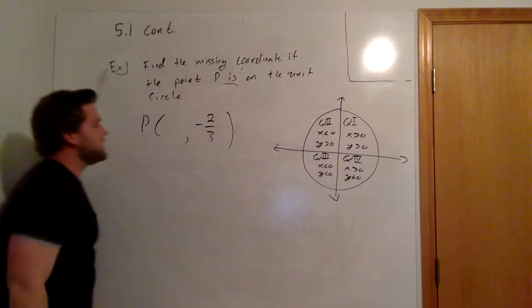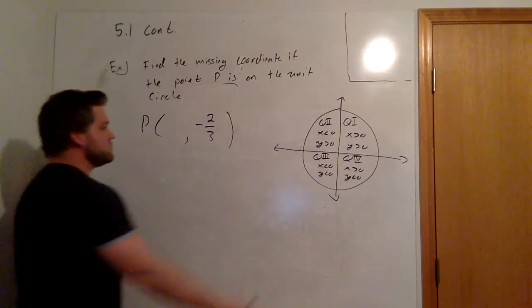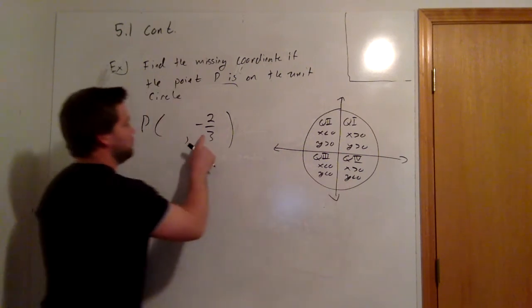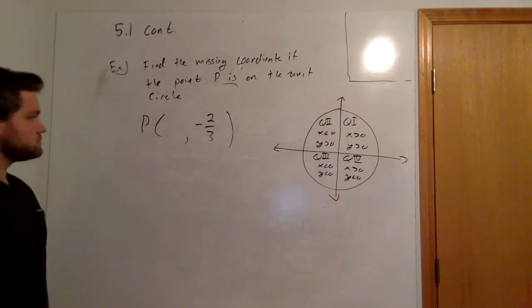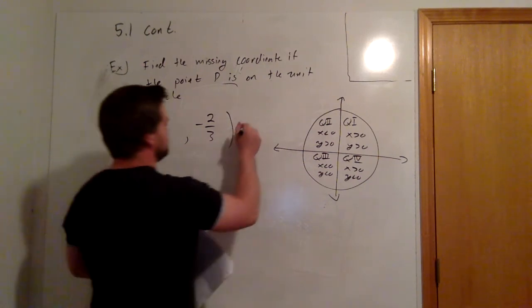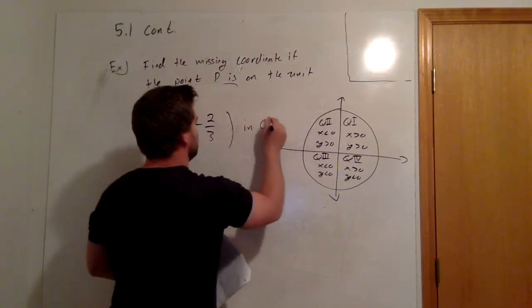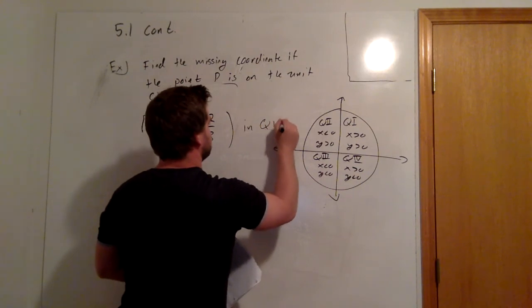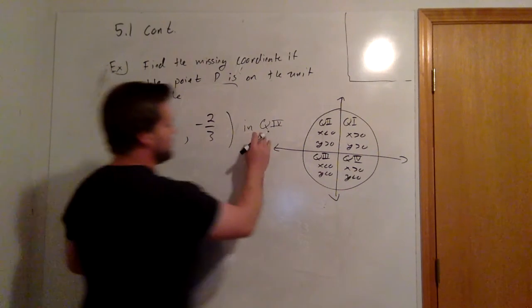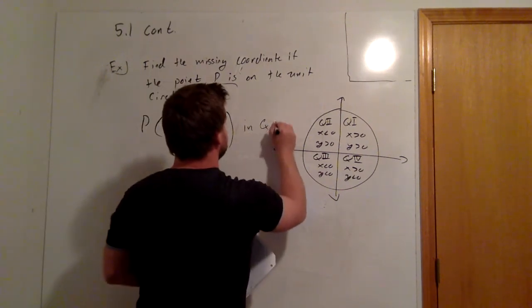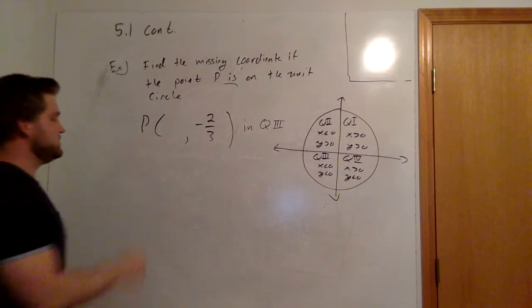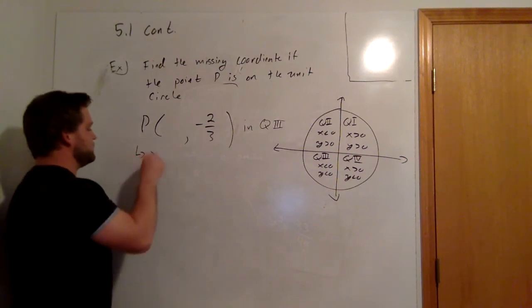So since the y value is -2/3, that means I'm either in quadrant 3 or I'm in quadrant 4, since the y-coordinate is negative. So we need a little bit more information. The problem is going to tell us that let's say we're in quadrant 4, or let's actually say we're in quadrant 3. So if we're in quadrant 3, what this says is that the x-coordinate is negative.